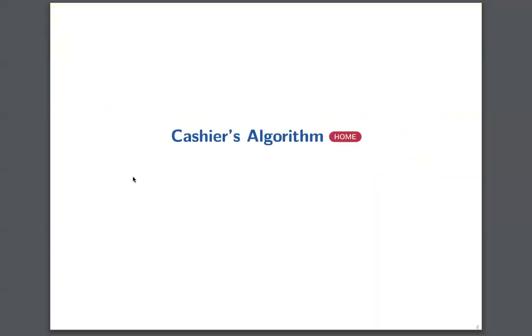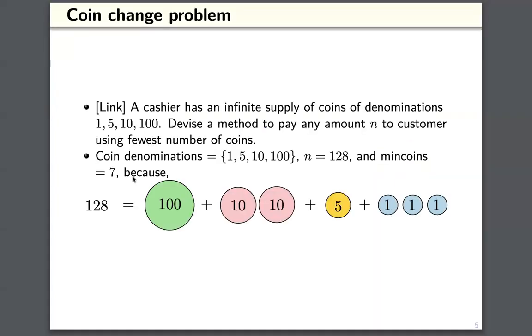Now let's start with cashier's algorithm. So we will majorly cover 3 problems, 1 simple and 2 complicated. Okay. So here is your problem. A cashier has an infinite supply of coins of denominations 1, 5, 10, 100. This is just an example, but you can always generalize this later, right?